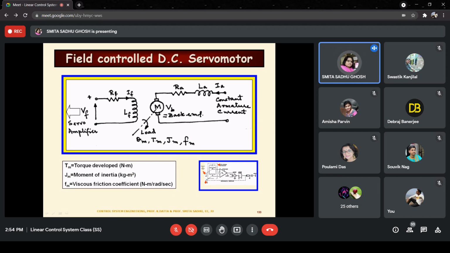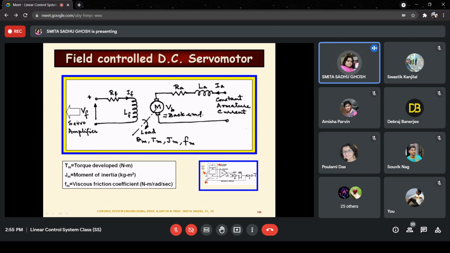Often in servo mechanism applications, you will see an error detector, then an amplifier, and then the motor, and the motor shaft is coupled to the load, and there may or may not be feedback depending on the application. So the input of the servo motor will be coming from an amplifier, which is often called a servo amplifier. That is what is shown in the top, bigger diagram, where this side goes to the servo amplifier.